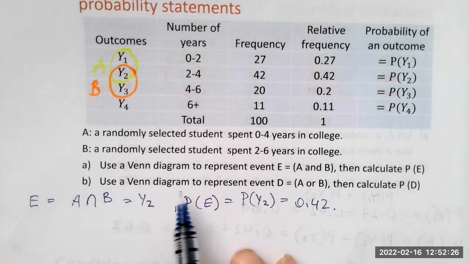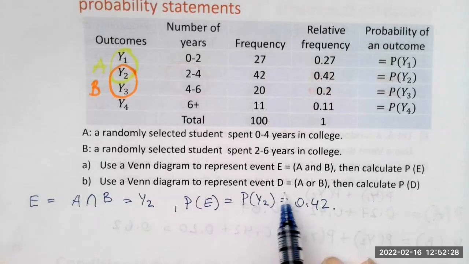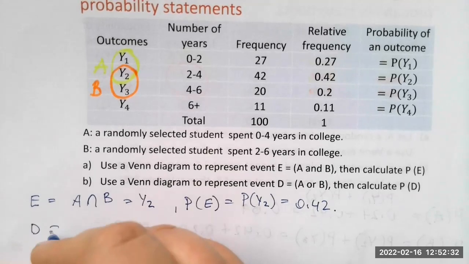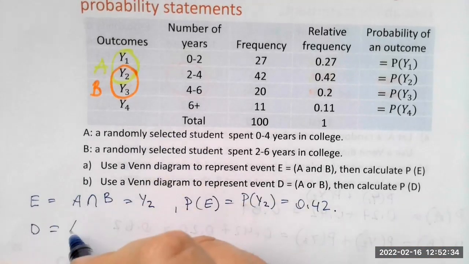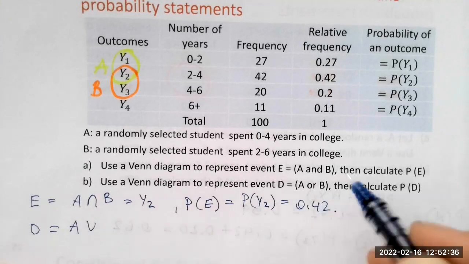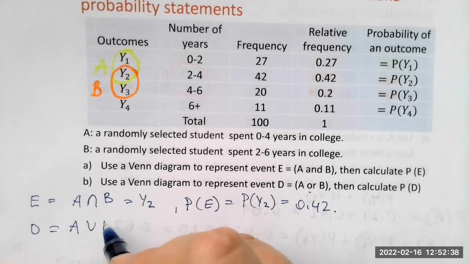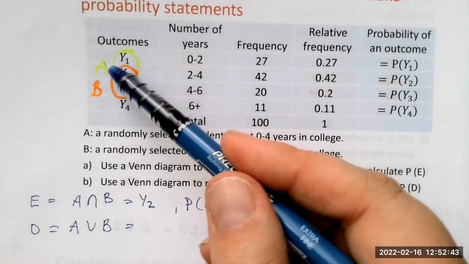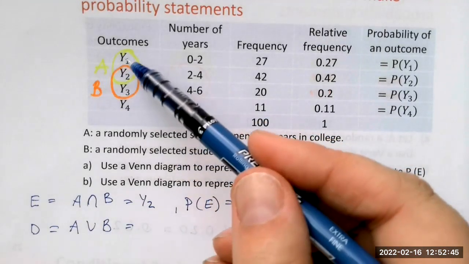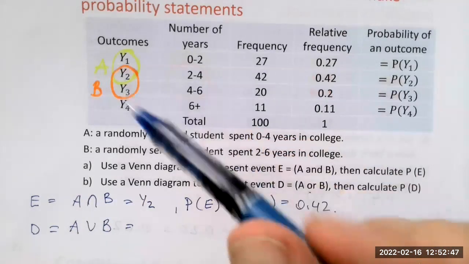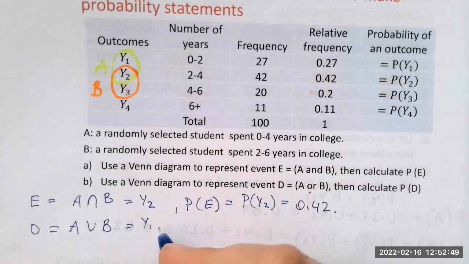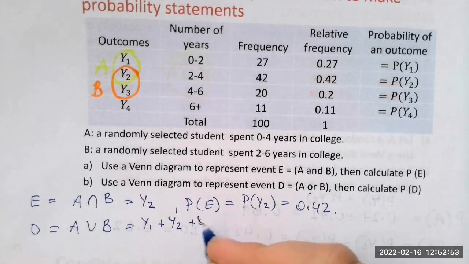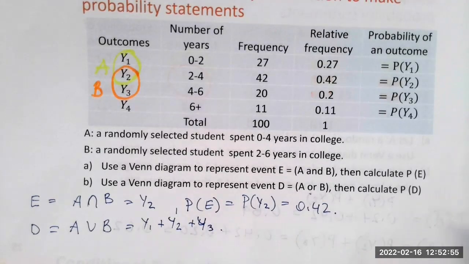Question B: use the Venn diagram to represent the event D, which is A or B. So event D, basically, it's a union, right? Or means the union of A and B. And that would include all of event A and event B together. So that would include outcomes Y1, Y2, and Y3.